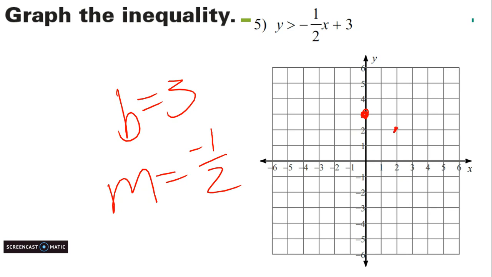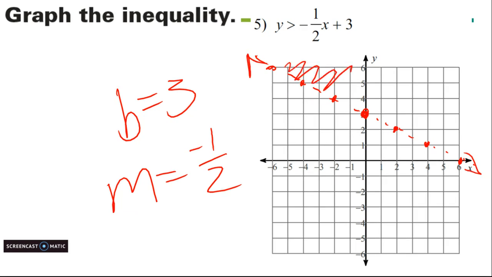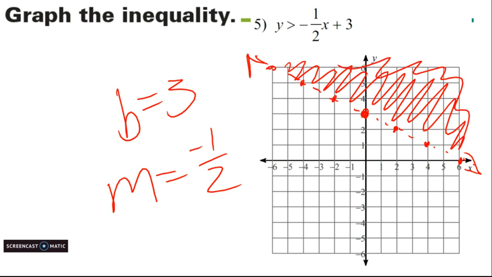So we go down 1 over 2, down 1 over 2, down 1 over 2, up 1 over 2, up 1 over 2, etc. And we got that dotted line again. And it's greater than, so we're going to shade above. There it is.